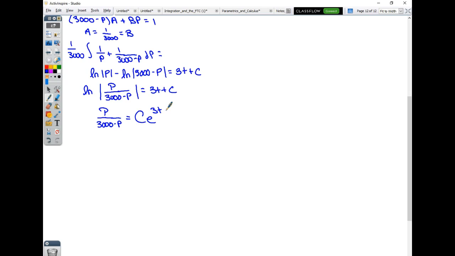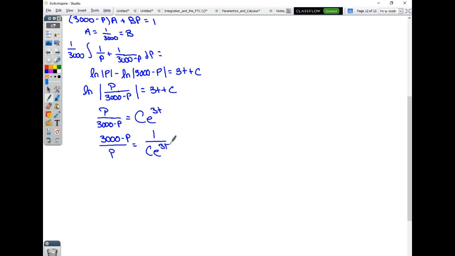And here we go. I need to get P by itself. Right here, it's really hard to see how that happens. How on earth do we get P by itself? Because I've got two P's, and how do I get them combined? Well, the trick is actually going to be in cross-multiplying this out. If I do that, I wind up with a 3000 minus P, and I'm going to take this P and multiply it down and call this 1 over C e to the 3t.